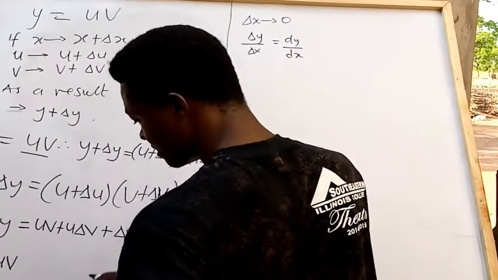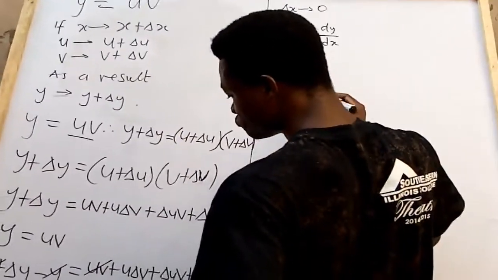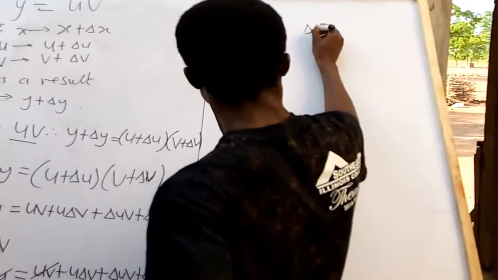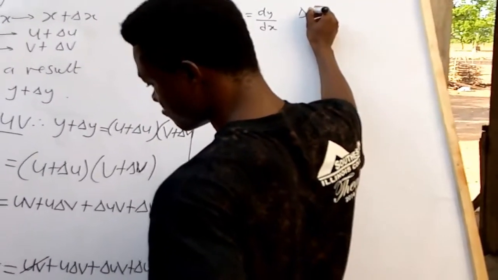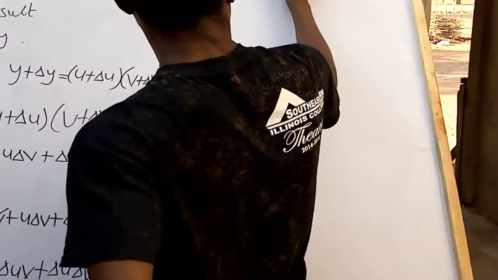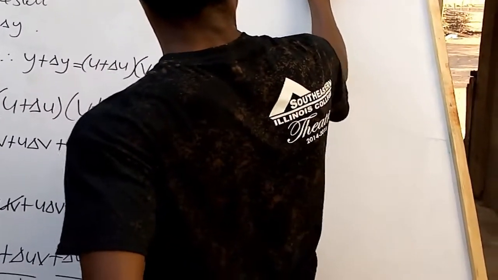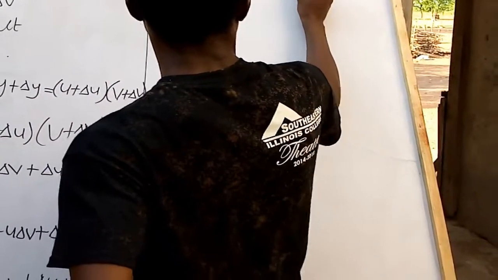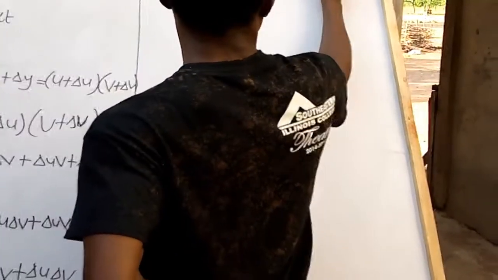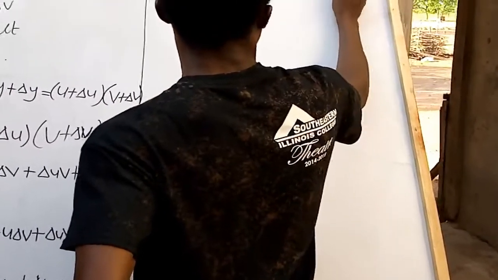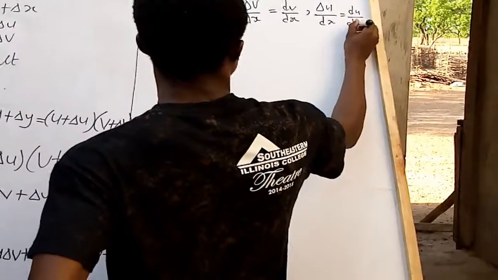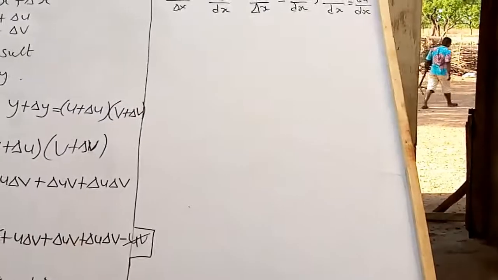And then my change of v over change of x becomes dv over dx, and change of u over change of x also becomes du over dx, like this.